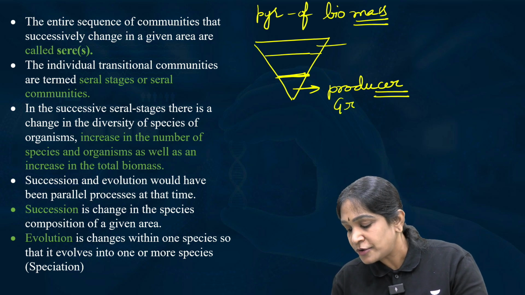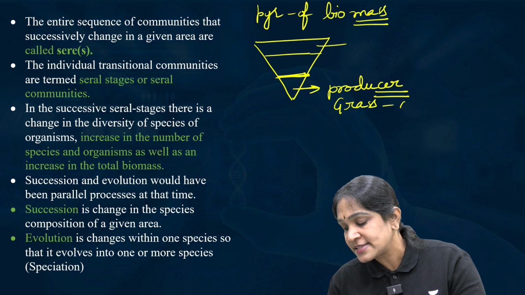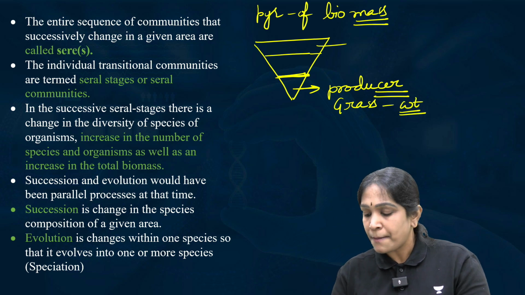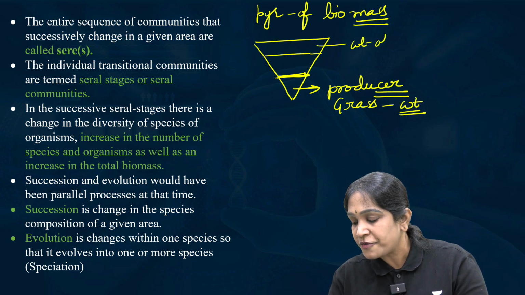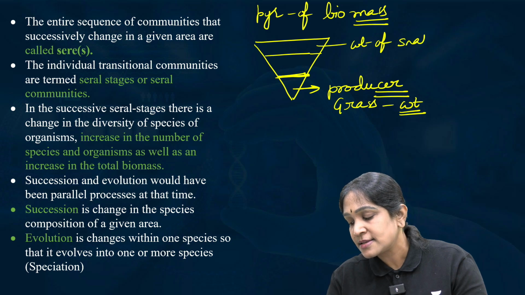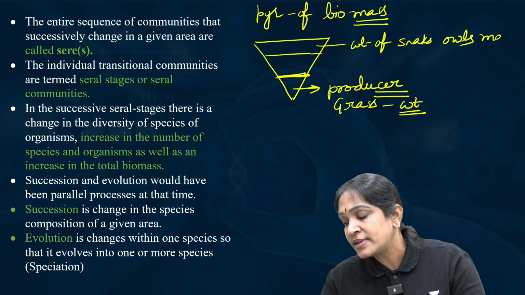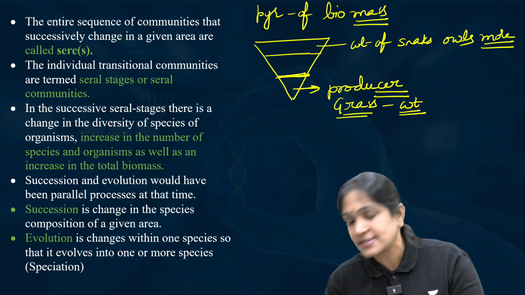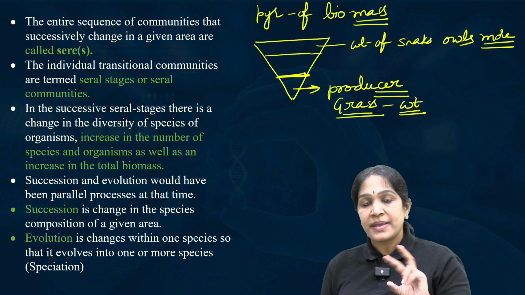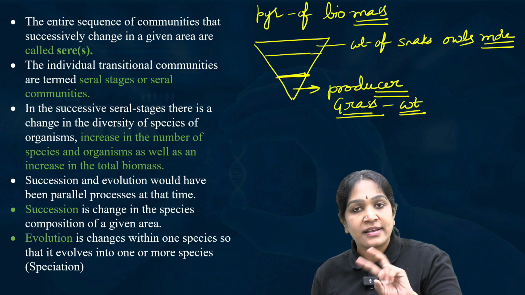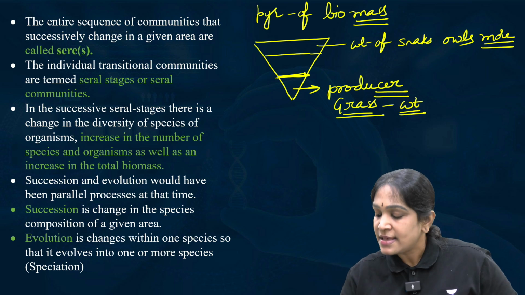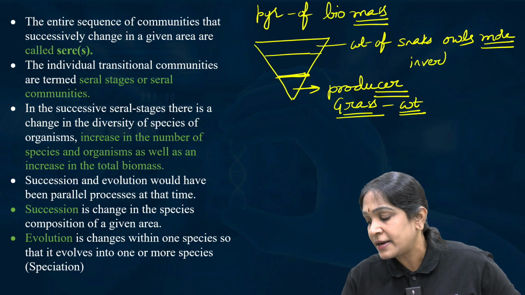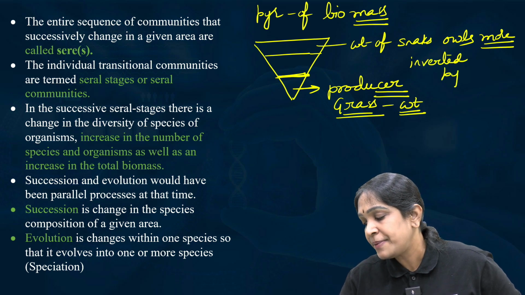So here we have to take the weight of the grass compared to the weight of the snakes or owls, etc. Their weight will be more than the weight of the grass. So when you take the pyramid of biomass for grassland, it is an inverted pyramid.